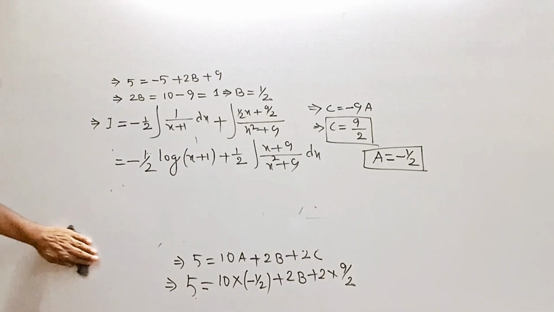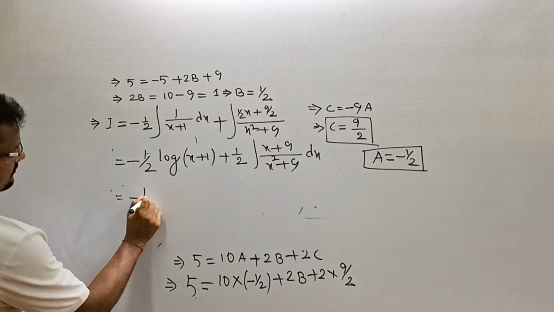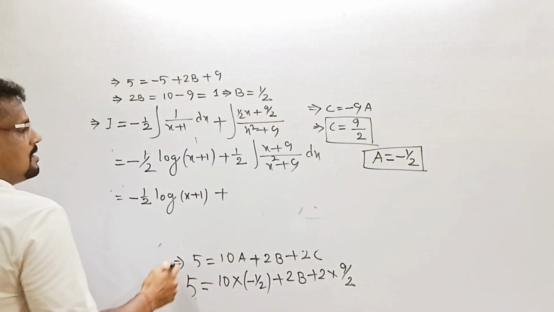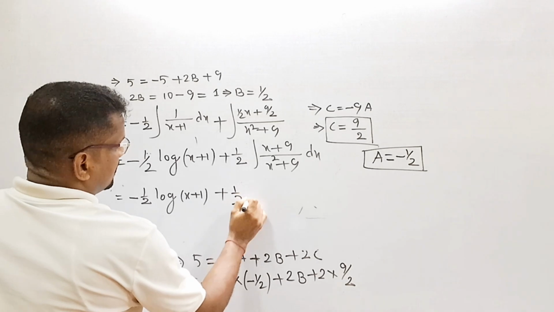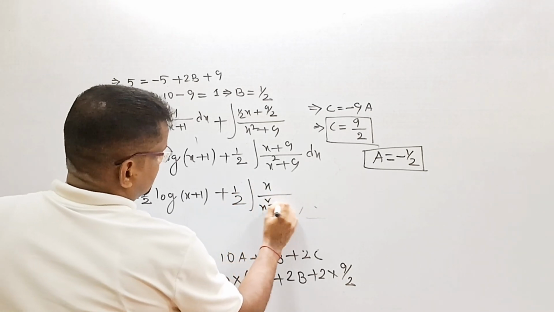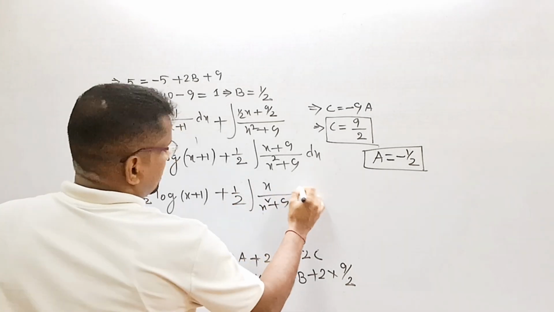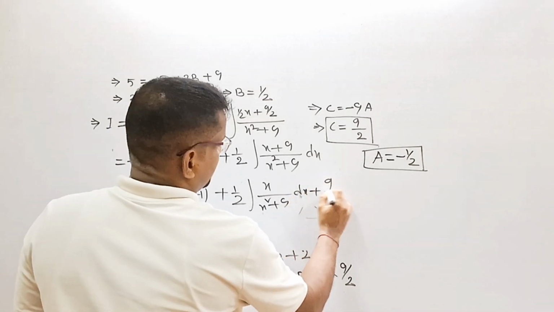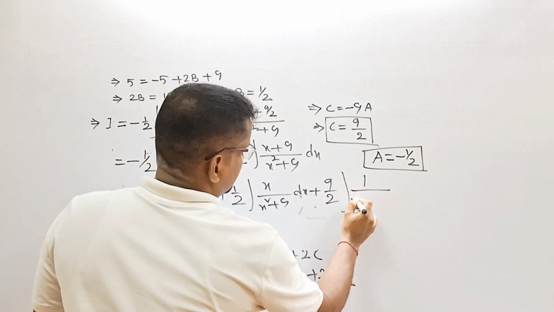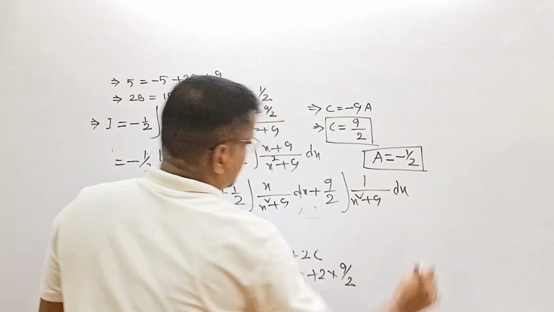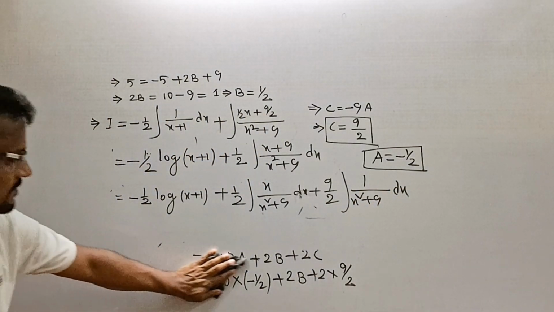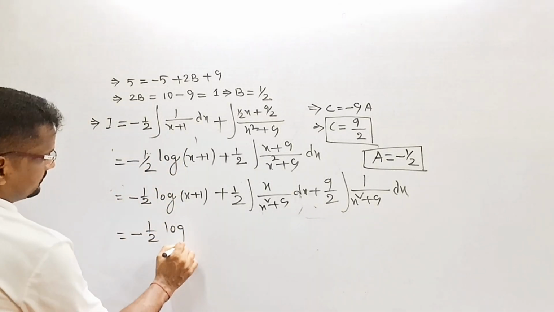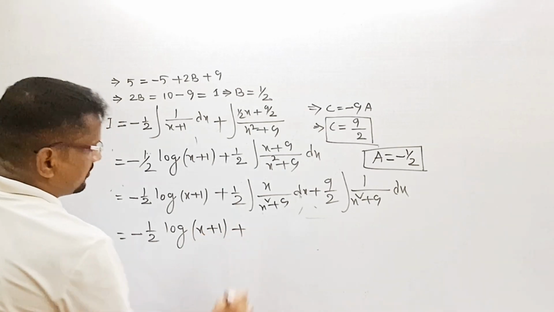Then this part, you see, minus half as it is log of x plus 1 plus, then term-wise you can divide: half of integration x by x squared plus 9 plus, with respect to x, 9 by 2 integration 1 by x squared plus 9 dx. Finally, this will be minus half log of x plus 1 plus.